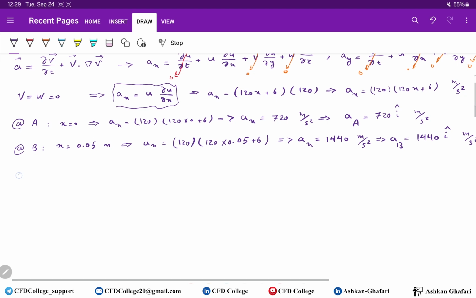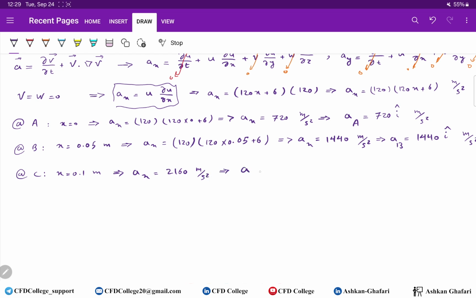And at point C, it's easy. X equals 0.1 meters, so ax equals, you can do the math, it equals 2160 meters per second square.